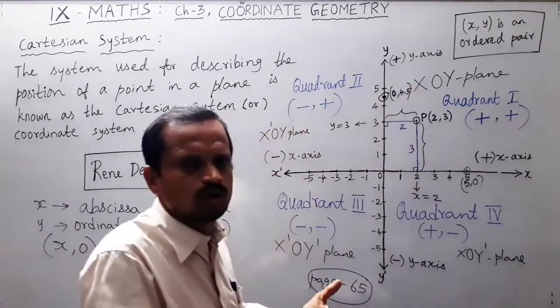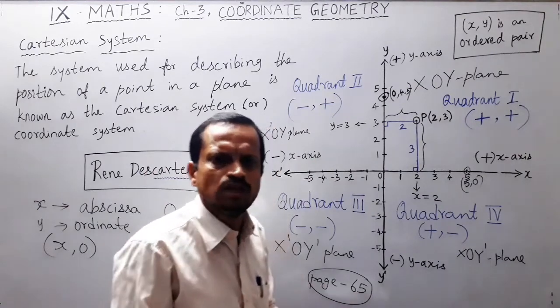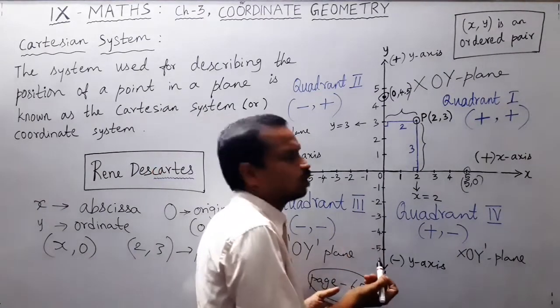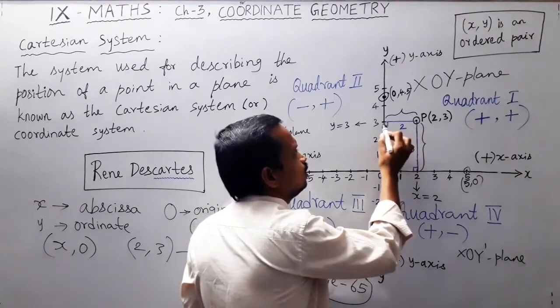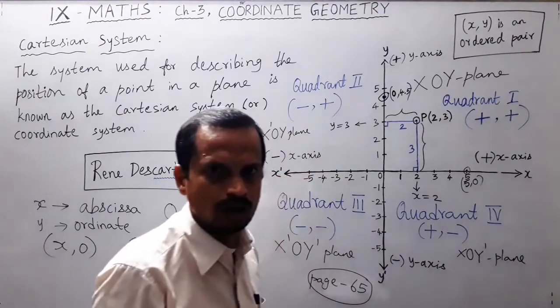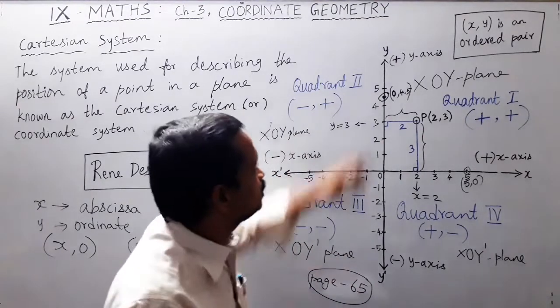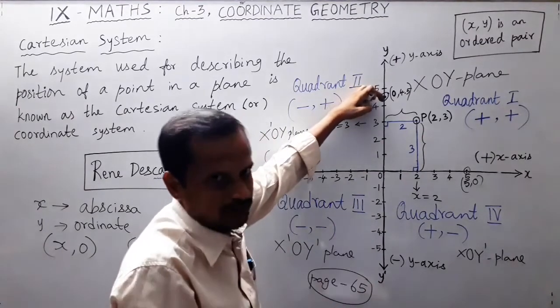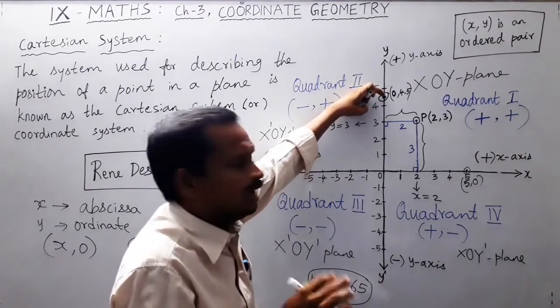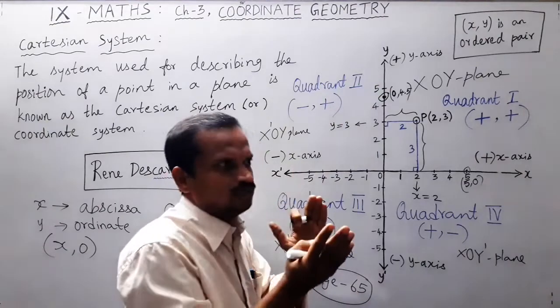But what about the x coordinate? The x coordinate is 0, because how will you get the x coordinate? The distance between the y-axis and the point, that is called the x coordinate. But here the point is on the y-axis, so you cannot measure the x coordinate between the y-axis and the point.